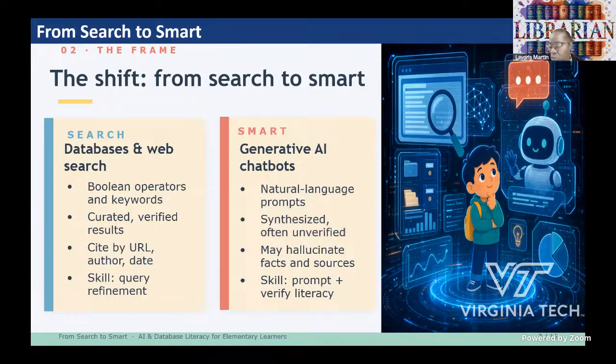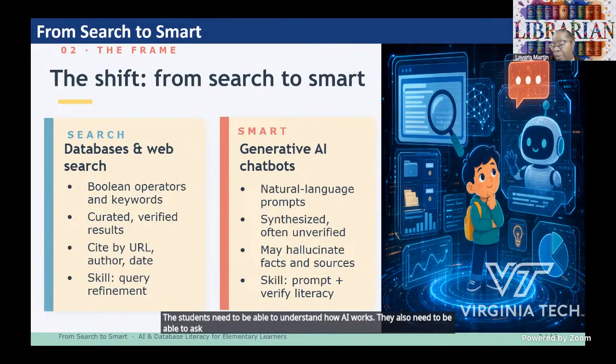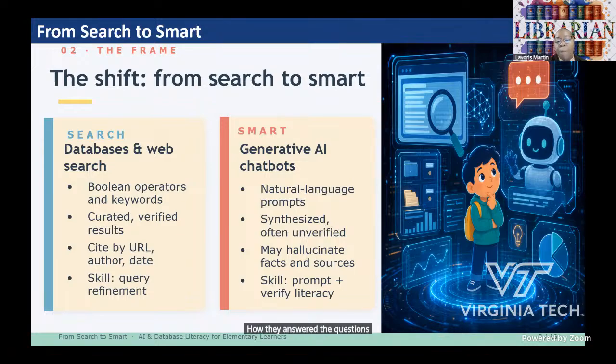The students need to be able to do more than type in a prompt. They need to understand how AI works. They also need to be able to ask questions and evaluate how it answers the questions you give it when you type your prompt in.